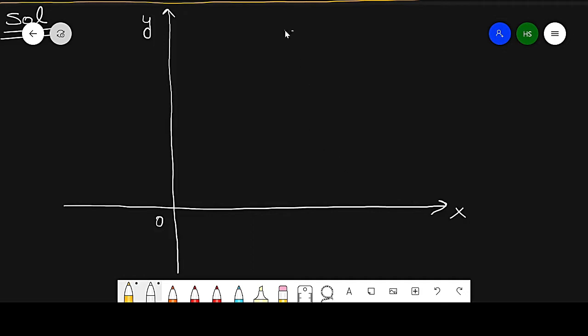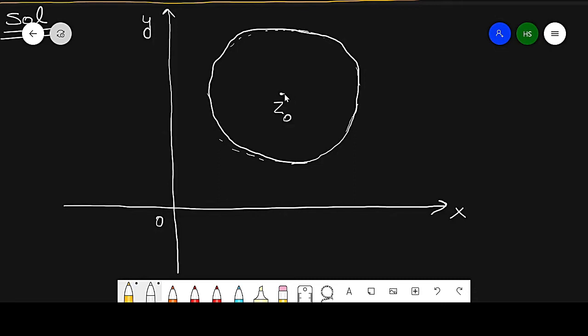This is a circle, the contour C, and this is z naught, and this distance is epsilon. So this is a neighborhood of z naught with radius epsilon. It is denoted by C.